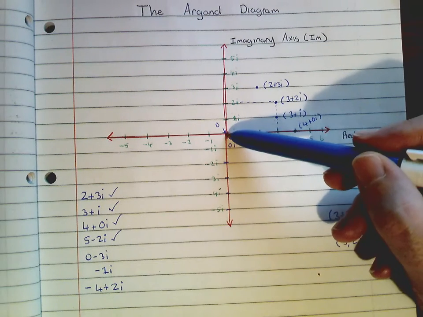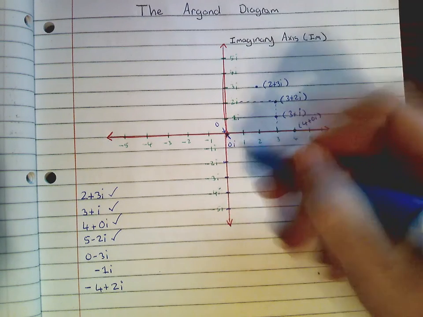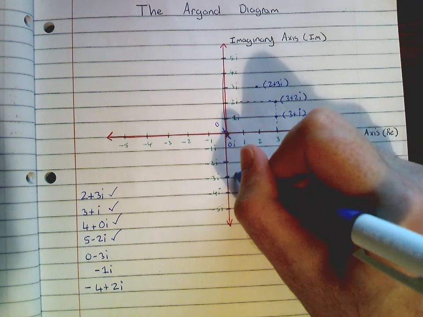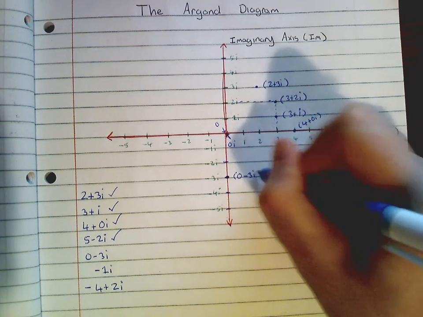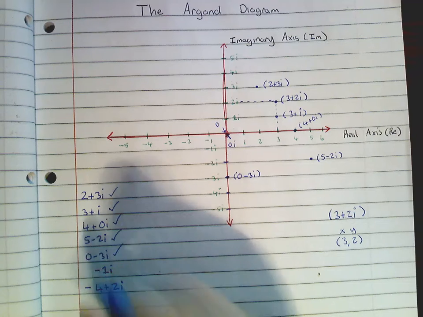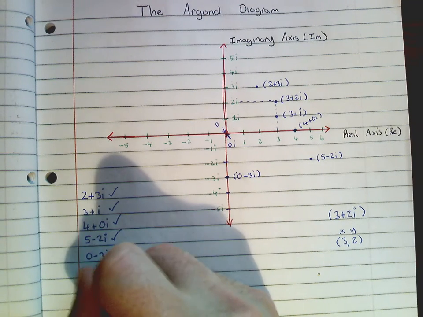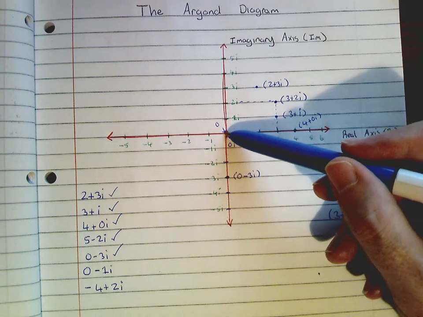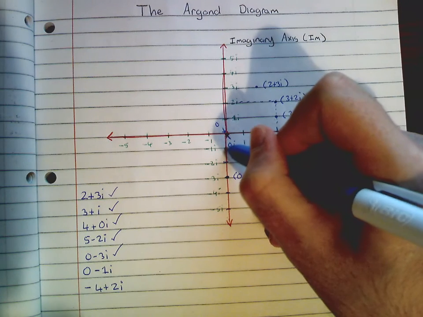Then we have 0 and minus 3i. 0 is here and minus 3i is here, so it's going to be right on this imaginary axis. That's 0 minus 3i. Then if we take minus 1i, remember we can turn any imaginary number into a complex number by putting 0 in front of it. This represents the real part, so 0 is here on the axis, and then we have minus 1, which is just right here.